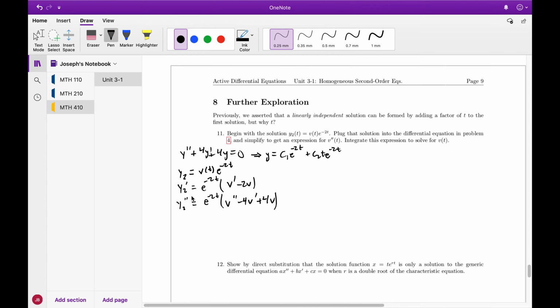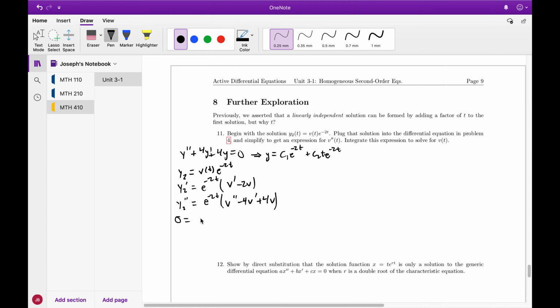If we take y2 double prime, y2 prime, and y2 and run them through the equation, that tells me that 0 has to equal these three things added together. The second one is multiplied by 4, and so is the first one.